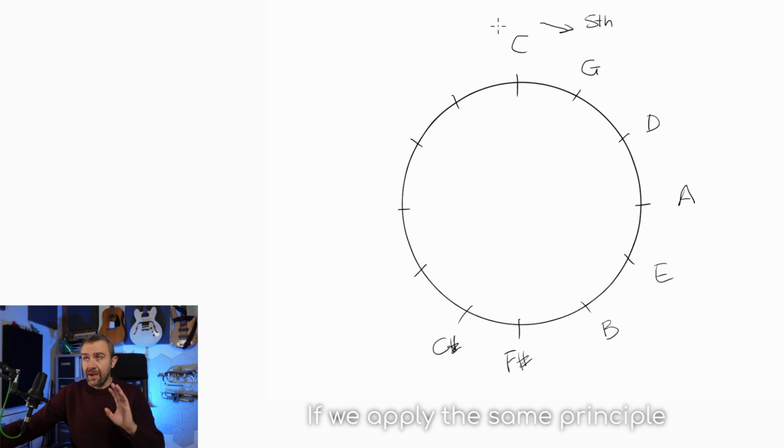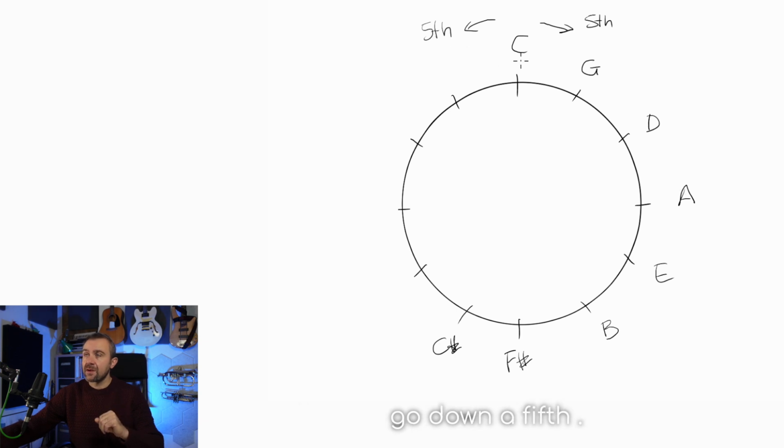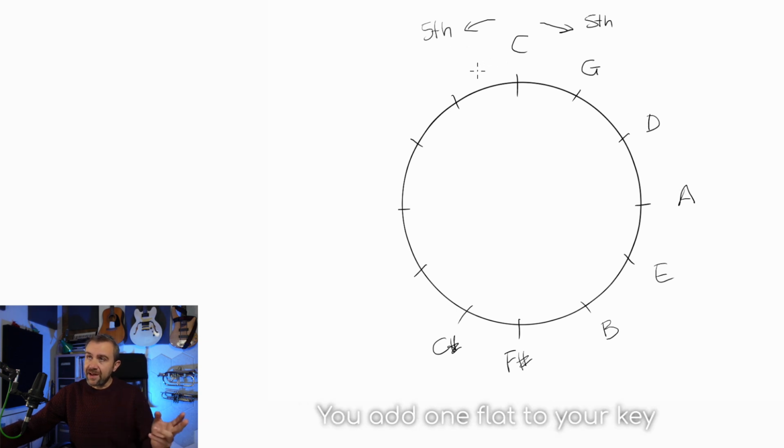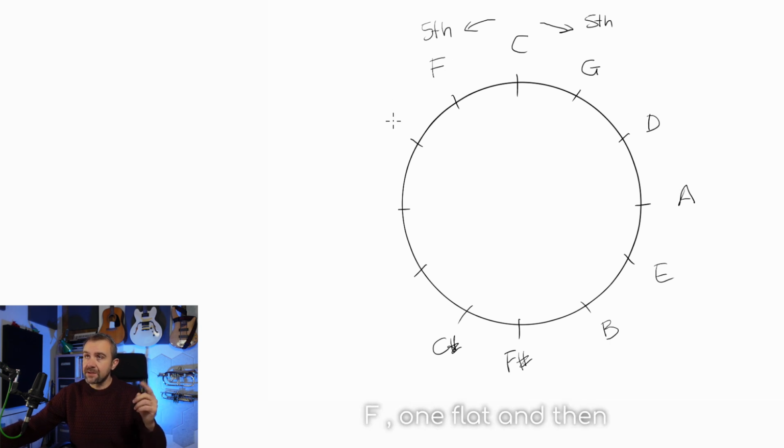Great. If we apply the same principle to the opposite direction, so we go down a fifth, you add 1 flat to your key. So if we go down a fifth from C, we get to F, 1 flat, and then a fifth again, B flat, because obviously F has a B flat in its key.